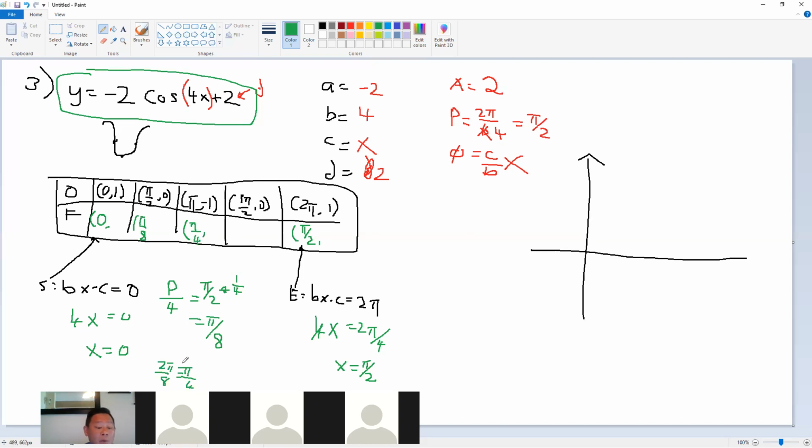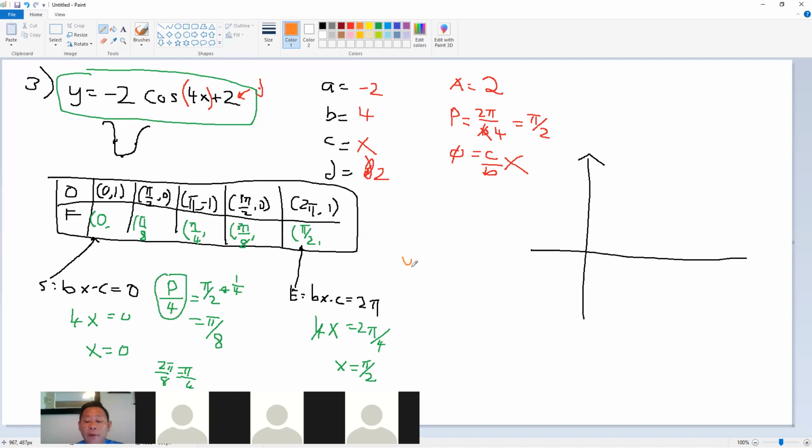Then I add another one, so it becomes 3 pi over 8. And then another one with 4 pi over 8, and 4/8 is 1/2. So this is how you do your x values. You take the starting point and the ending point from bx minus c, and then you take the period divided by 4 to figure out what you add onto it.